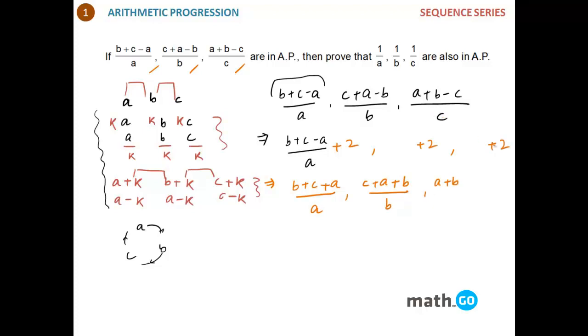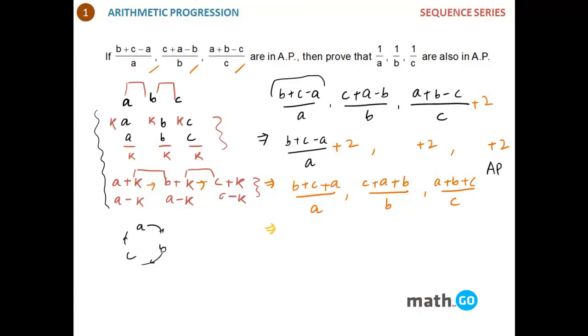B, C is here plus 2. So what did we get? Exactly. So A plus B plus C by C. Now notice that by adding 2, what we have written here, they still remain in AP. So up till now there is no problem if I say that it's still an AP. Absolutely fine, right?